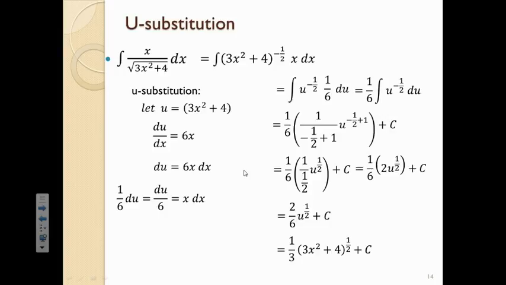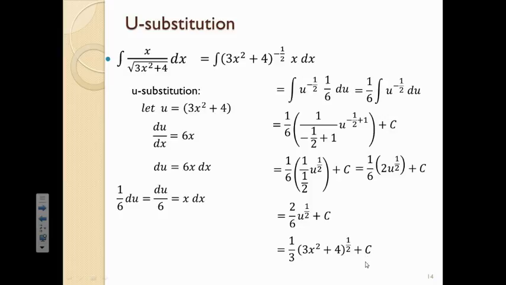And also substitute in the u. u is equal to 3x squared plus 4. Put that back in here. Remember to write the 1/2 power. Sometimes on exams, students forget that little step. Once they rewrite it, they put in what u is equal to and forget the power. Be careful with that. And of course, remember the plus c on the end.